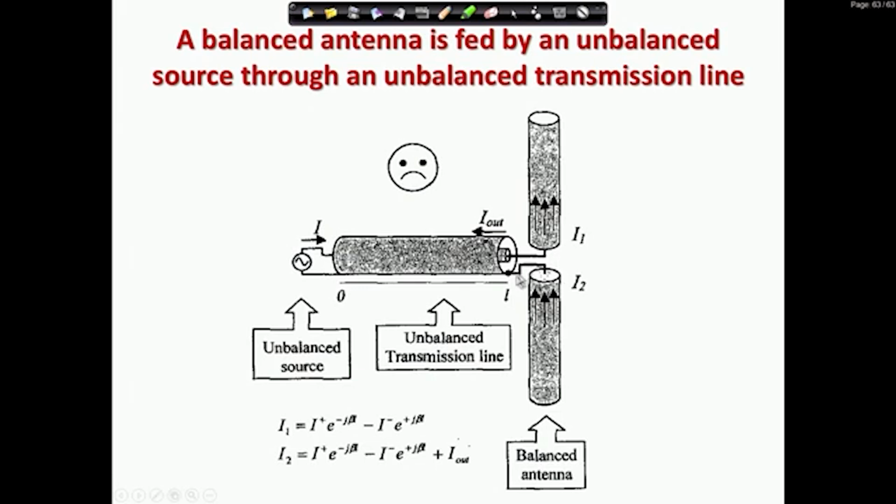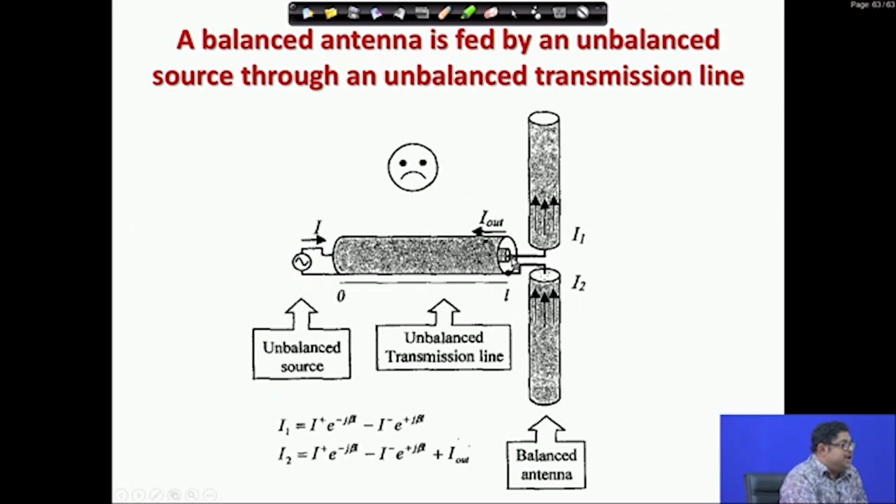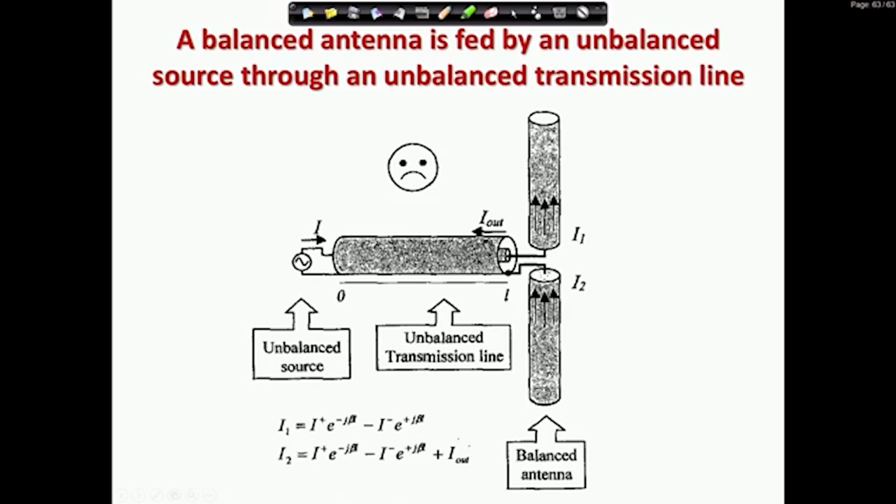You can ask why we are connecting it to the shield, why not directly to the conductor. If we do that, we are short circuiting the inner conductor and outer conductor. That means there will not be any current in the differential mode, the current will be 0. That is why we cannot do that, and we do it like this.